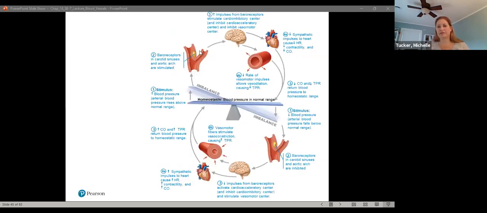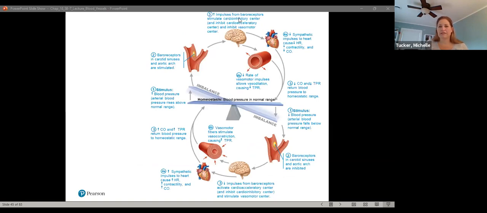This is a really good graphic again. So we went this direction first, that blood pressure is increasing. These baroreceptors, they are mechanoreceptors. They actually stretch and get deformed.